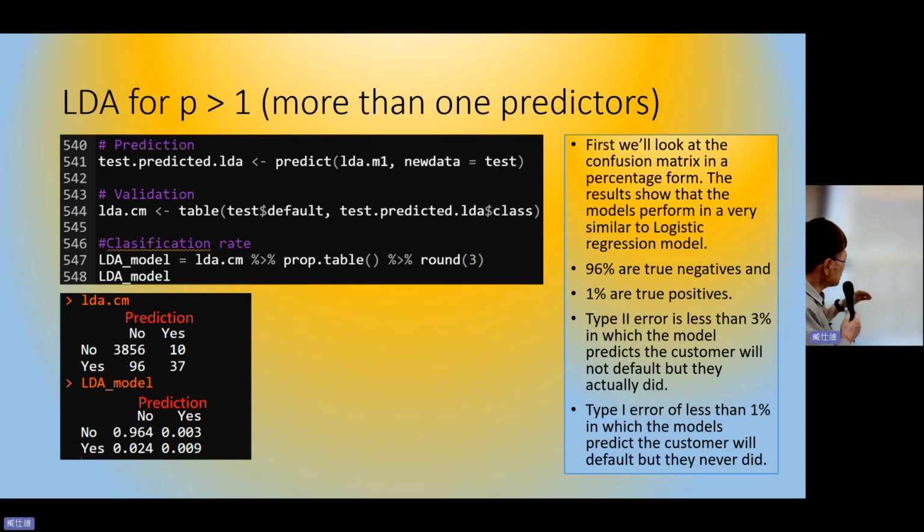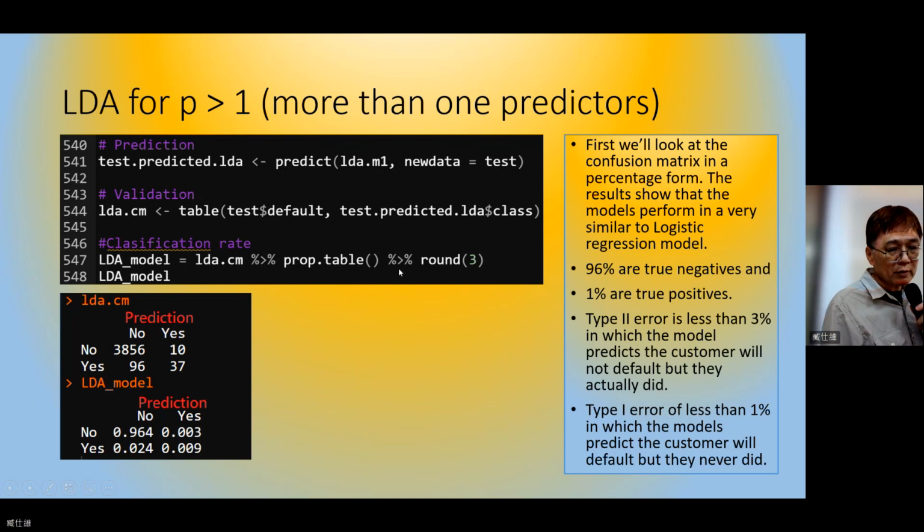You can also calculate the probability, so we are using prop.table. You can read the explanation on the right hand side.